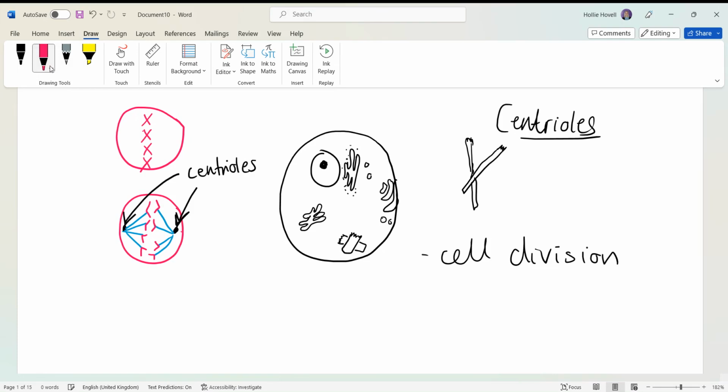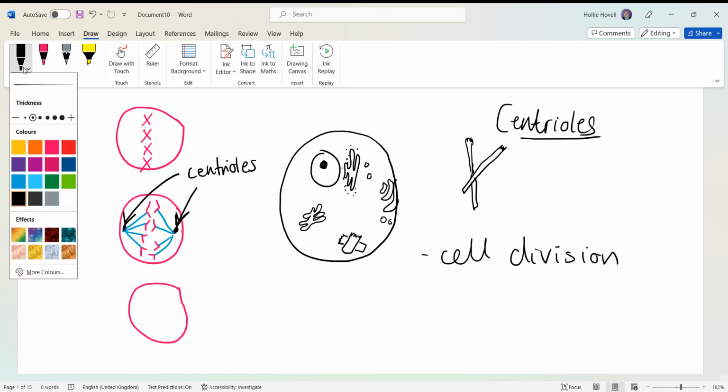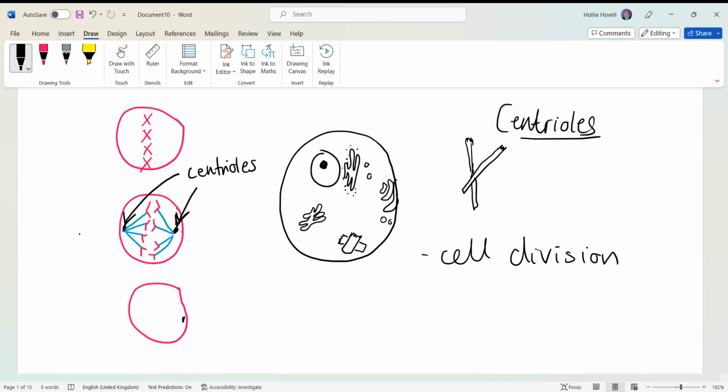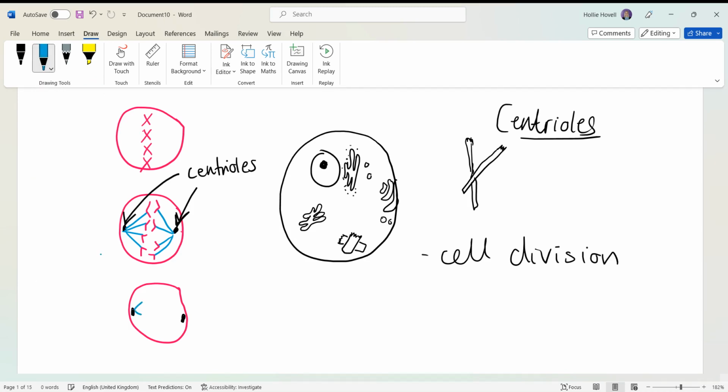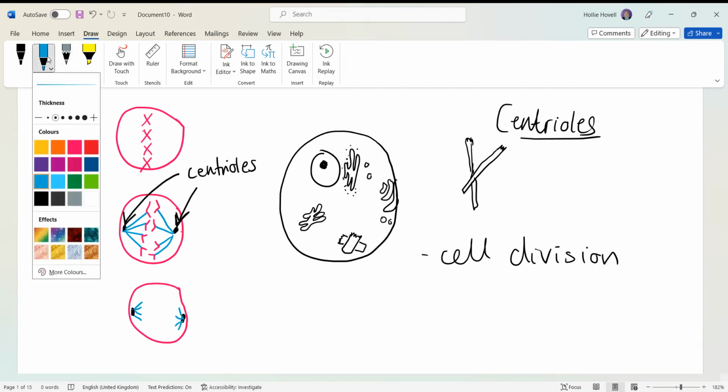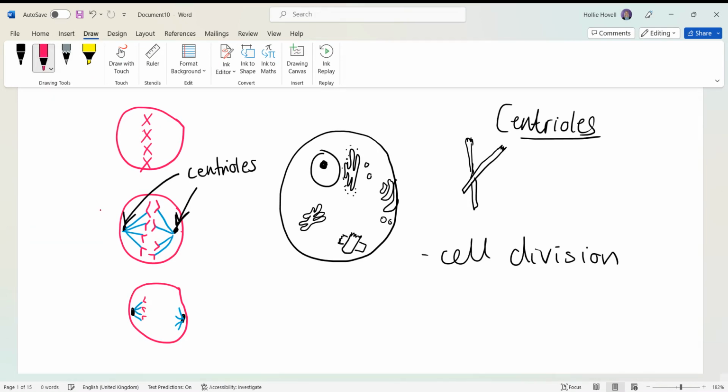And then the spindle fibers are going to shorten. So here's our centrioles, here and here, and those spindle fibers shorten. If they're then only that long, they're pulling the chromosomes towards the poles. And eventually what will happen is the cell membrane will split down the middle and it will form two new cells.